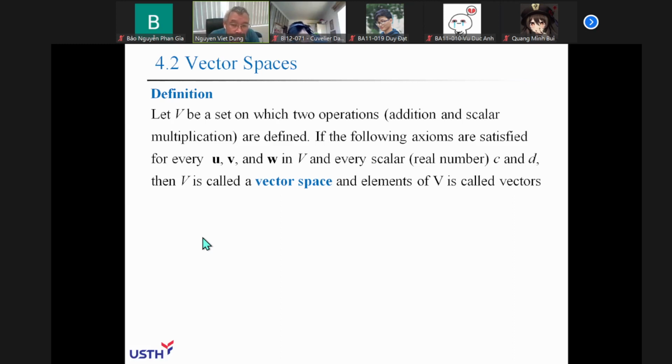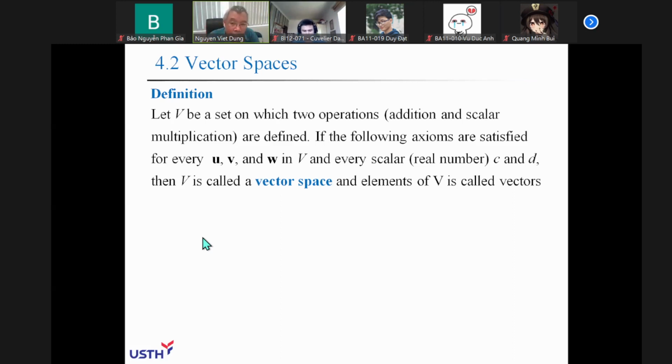And suppose that those operations satisfy the axioms or properties I am going to list down here. Then V will be called a vector space, and any element of V will be called a vector.